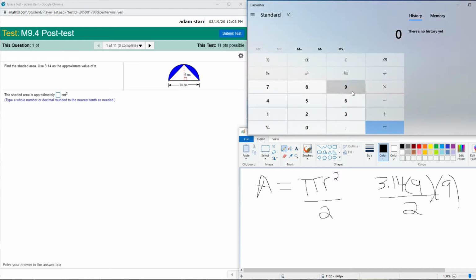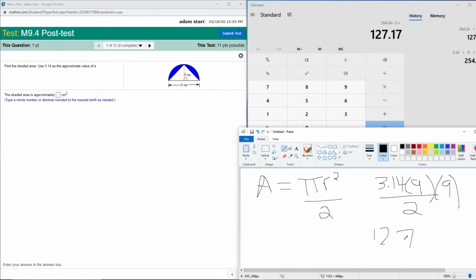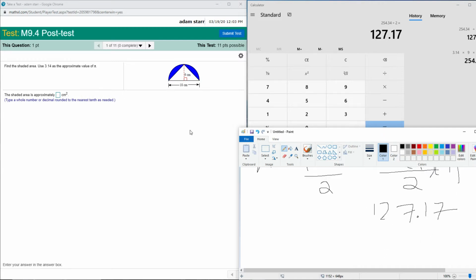In my calculator, doing 3.14 times 9 times 9 equals, and I'm going to take that number and divide it by 2, and I get 127.17.